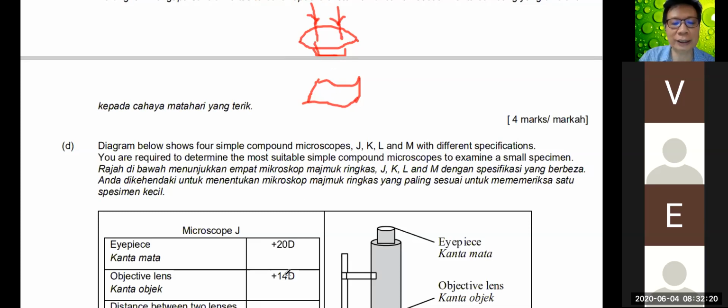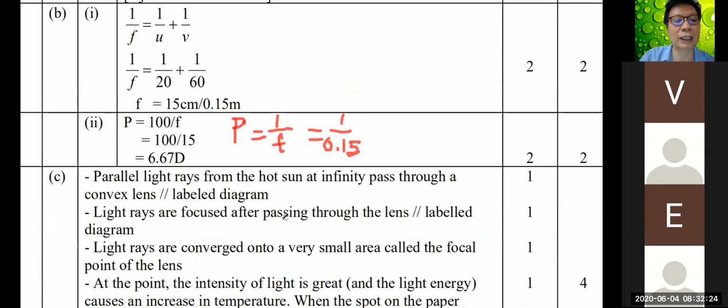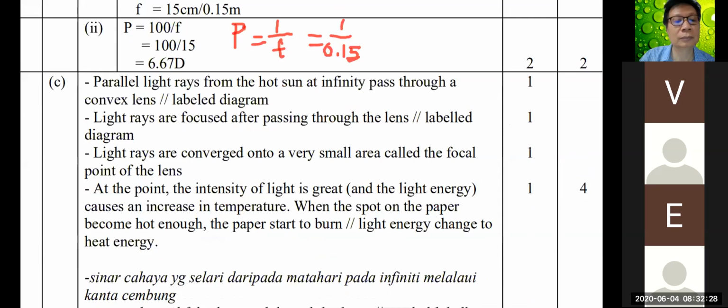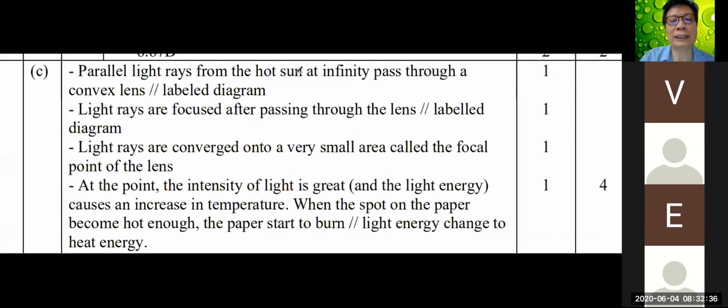This one, you just see the answer and copy it down. Parallel light from the hot sun passes through the convex lens, right?